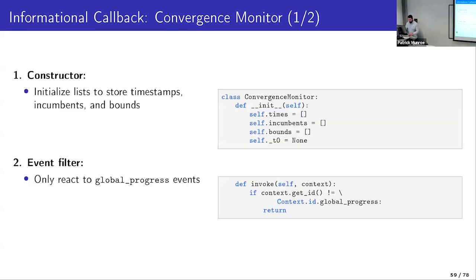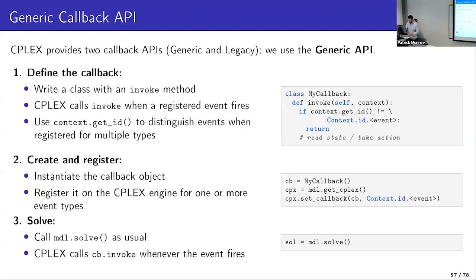So before going to the lazy one, let's just see what the general syntax is when you create a new callback. I told you that we will be using some classes. Here you have to create a new class that has an invoke method. And this invoke method is actually the callback itself.